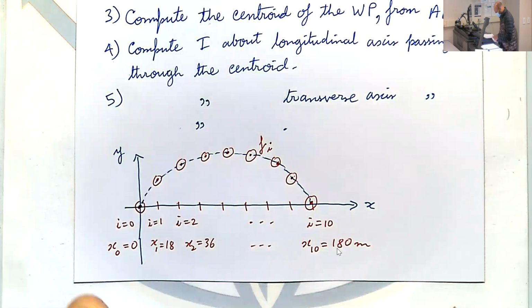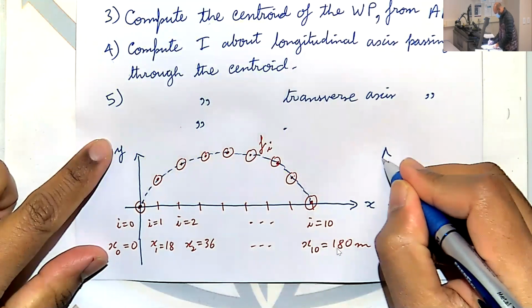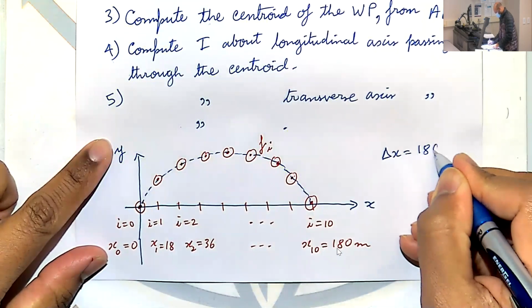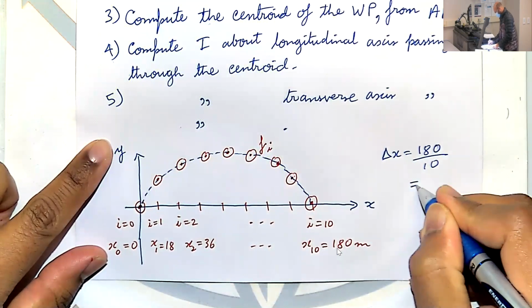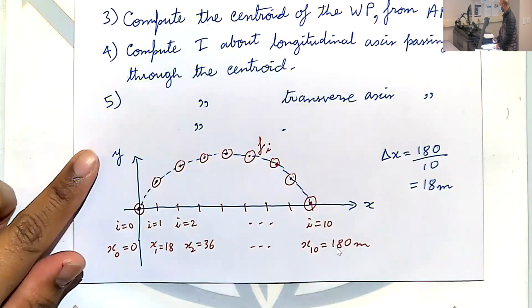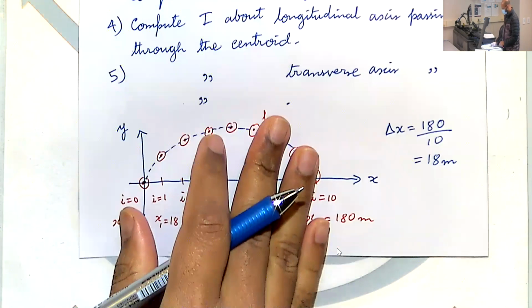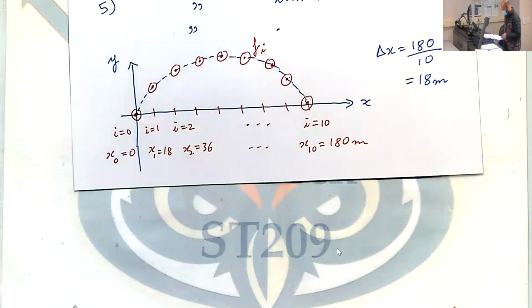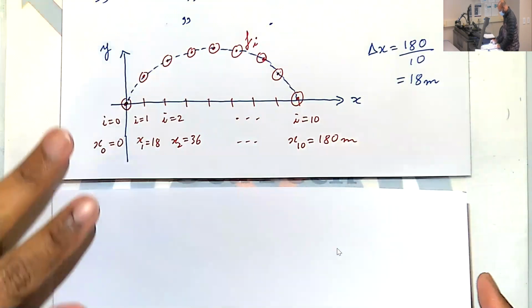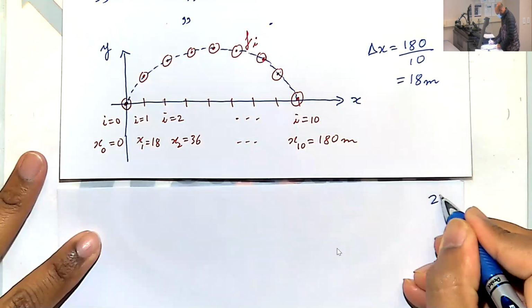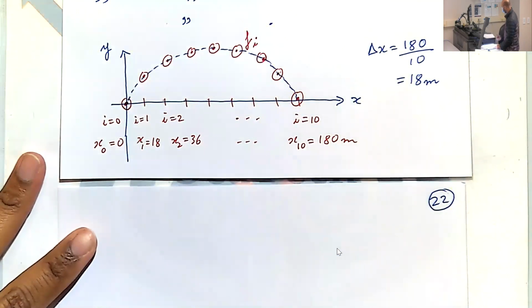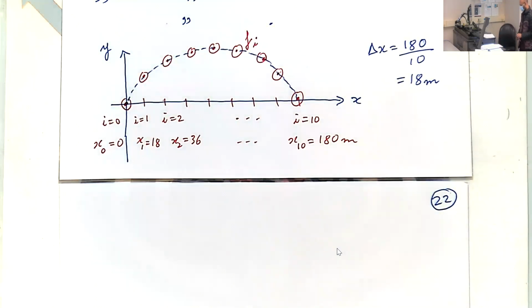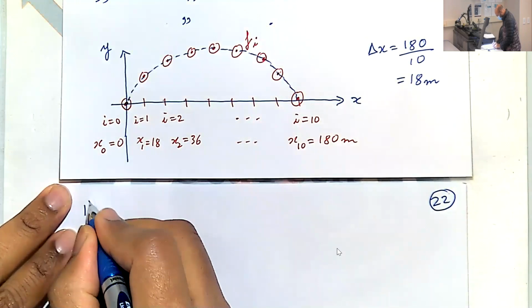In here, delta x is 180 over 10, is 18 meters. All right, question 1, area of the water plane.